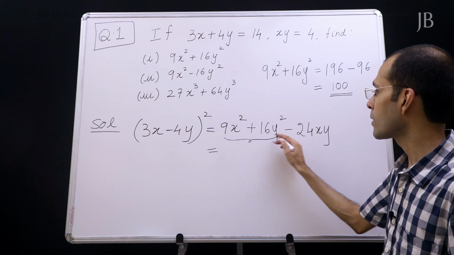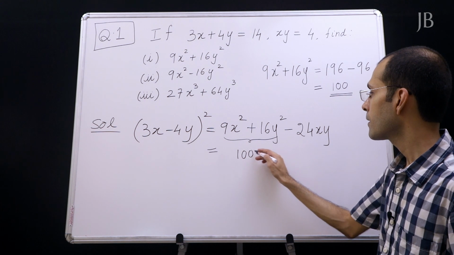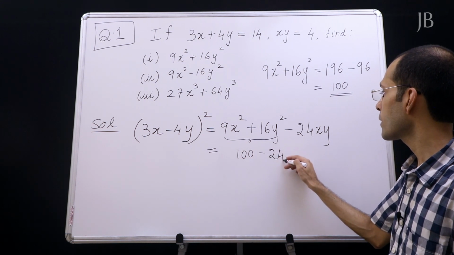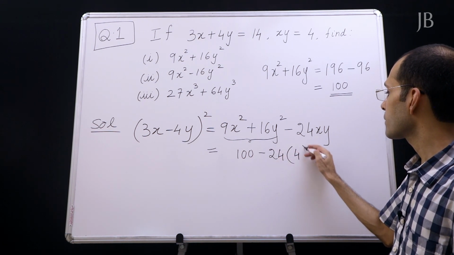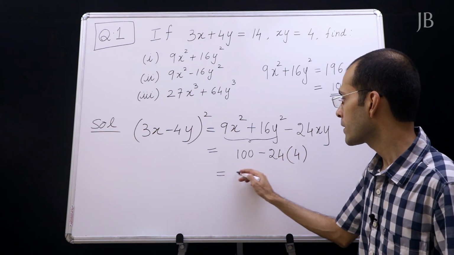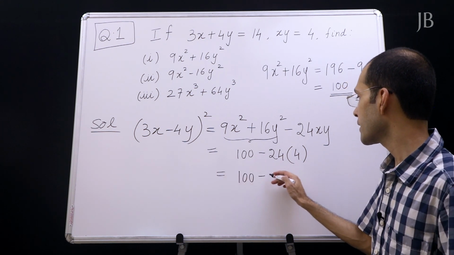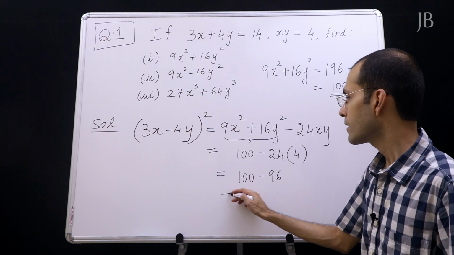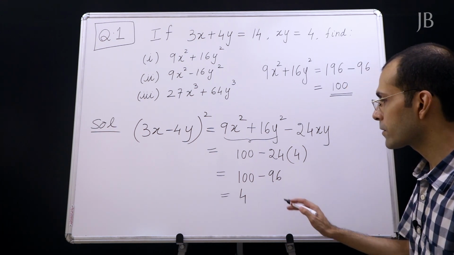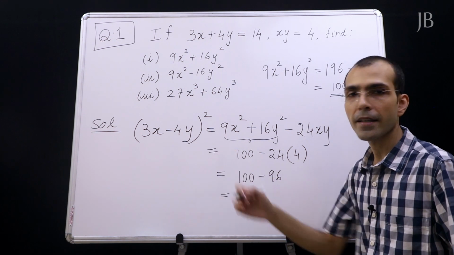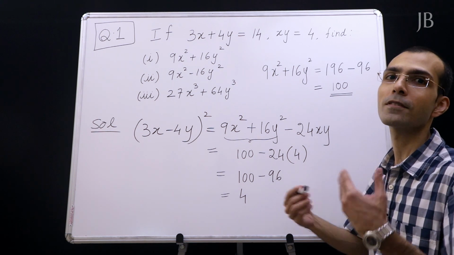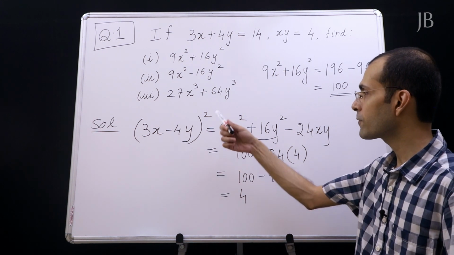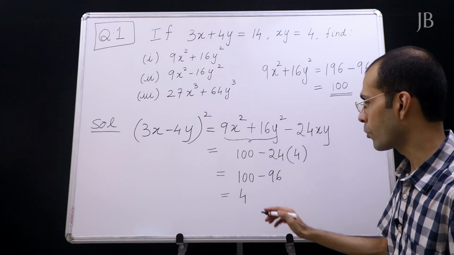So now this will be 100 minus 24 into xy. xy is 4. So this is 100 minus 96, that is 4. But what is 4? 3x minus 4y the whole square. So 3x minus 4y the whole square is 4.